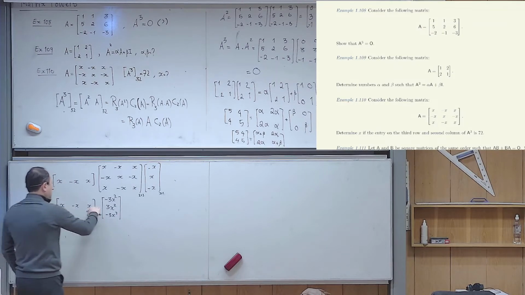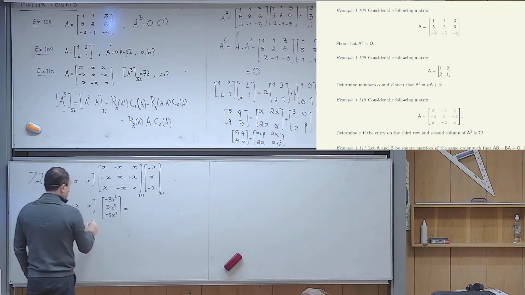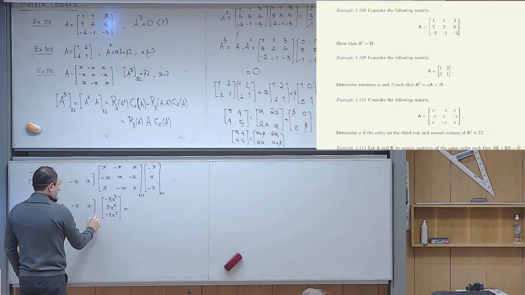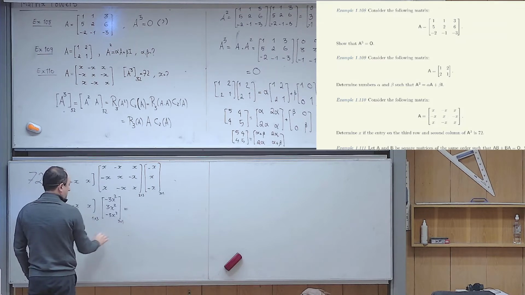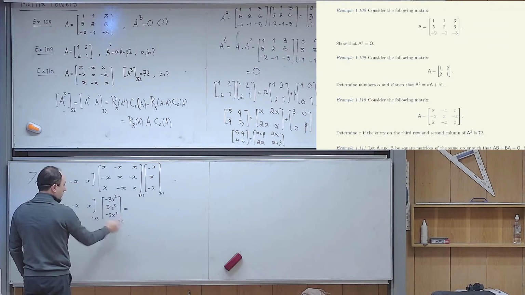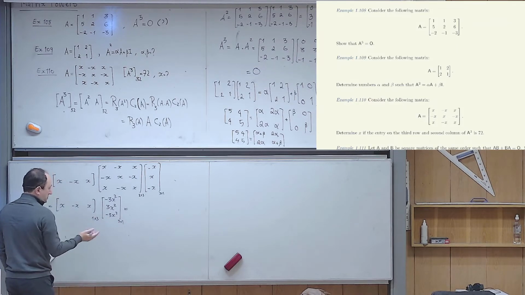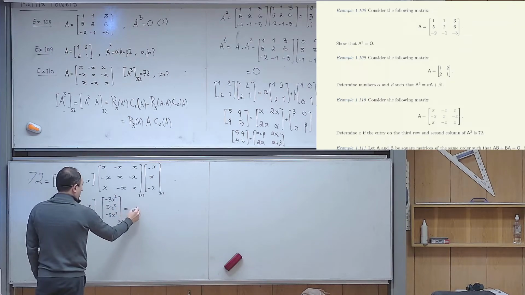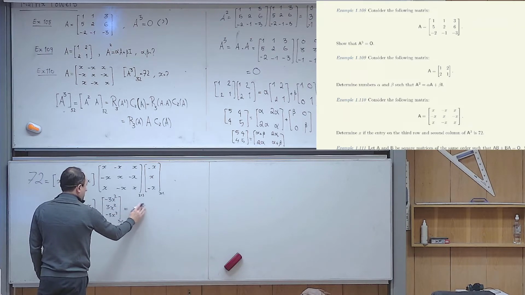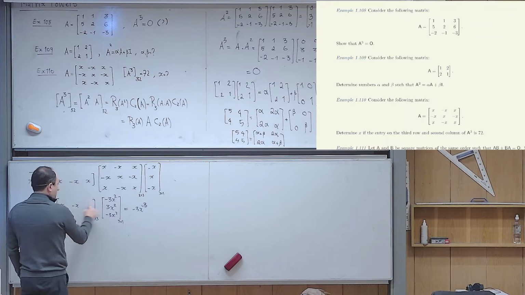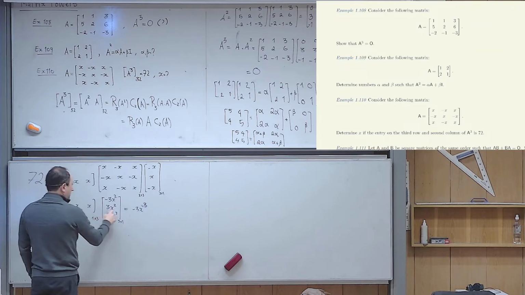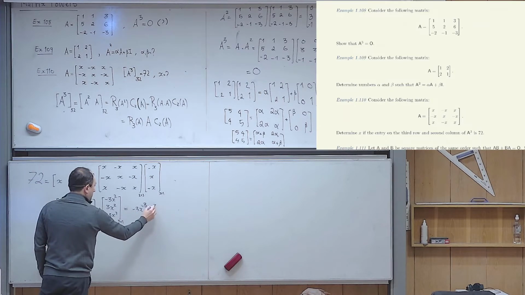And then I take this row and multiply it by this column. This is a 1 by 3 matrix. This is a 3 by 1 matrix. So as you expected, you get a 1 by 1 matrix, which is the number itself. So this multiplied there is minus 3x cubed. This multiplied there is again minus 3x cubed.